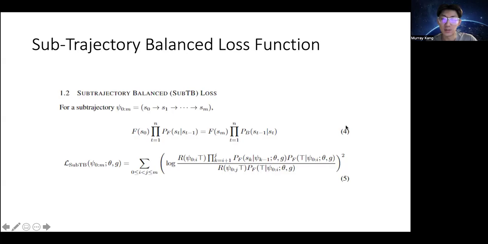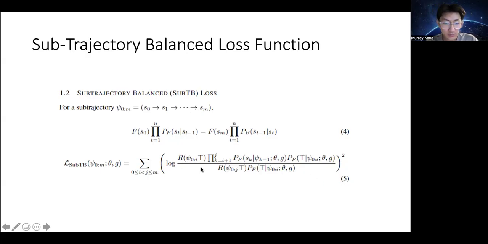And then we have equation 4, because the flow at the initial state along the trajectory times the PF, the forward, should be equal to the flow times the backward. Yeah, so that is the equation. And if we take a log and do some manipulation, we get equation 5.